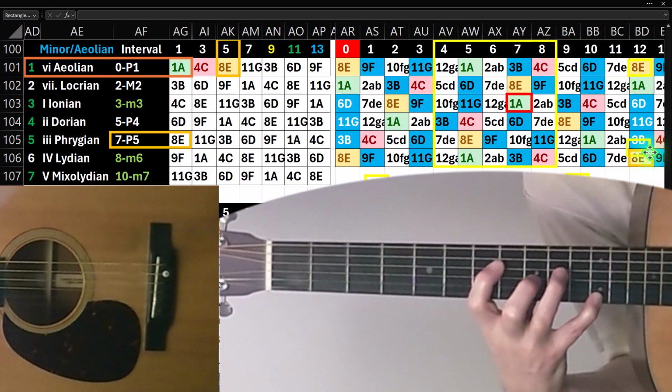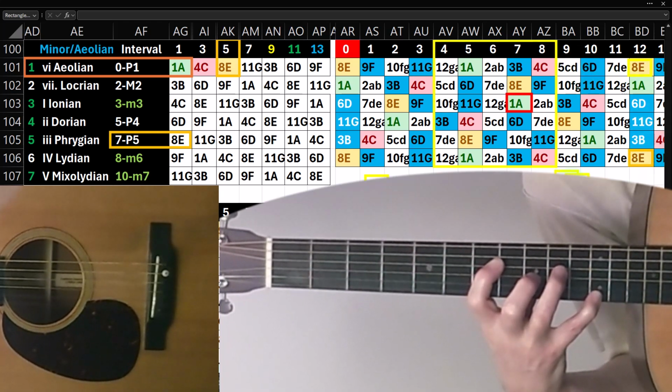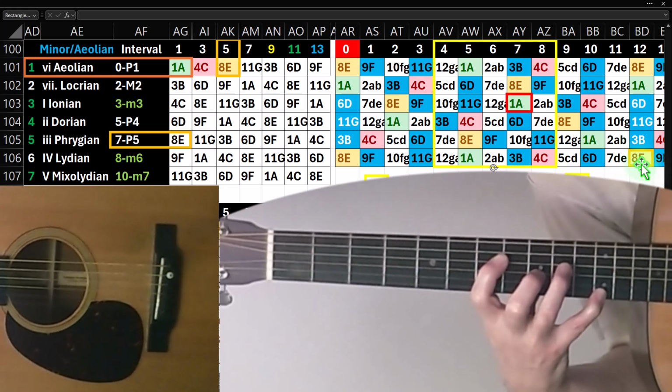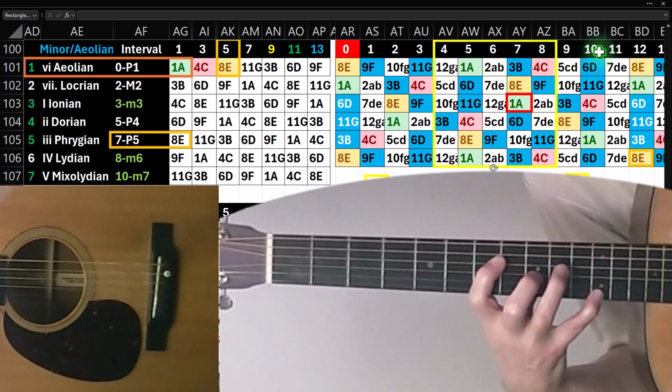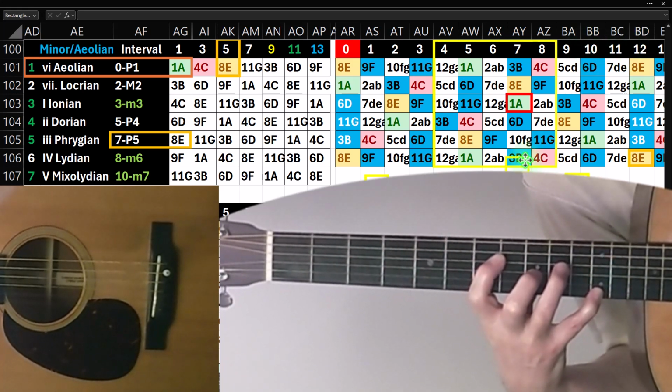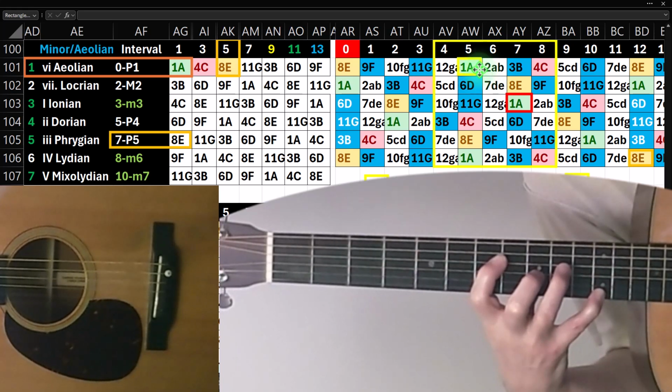And that E is also represented down here. So if I go down 3 strings and cross the fault line, the 7-note away perfect fifth is 1, 2, 3, 4, 5 frets forward.